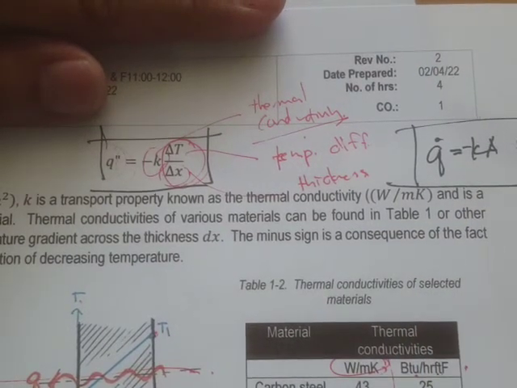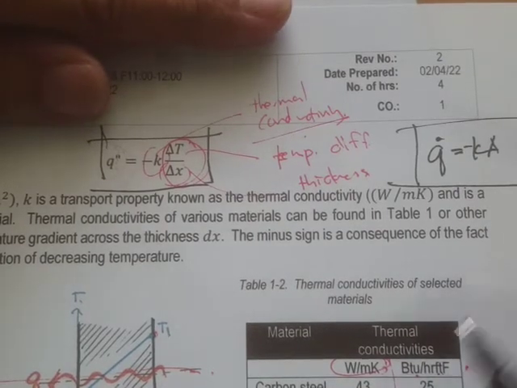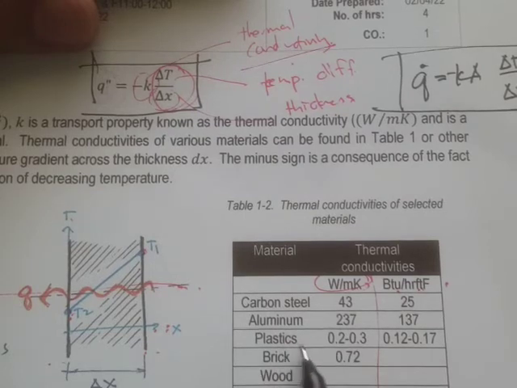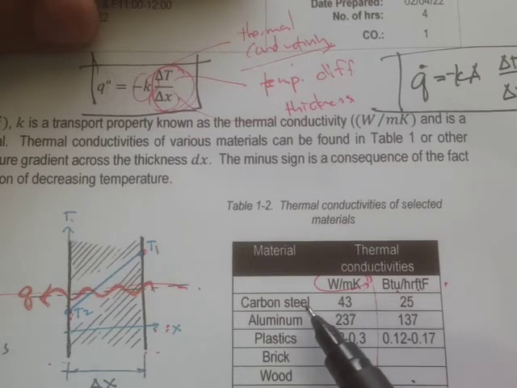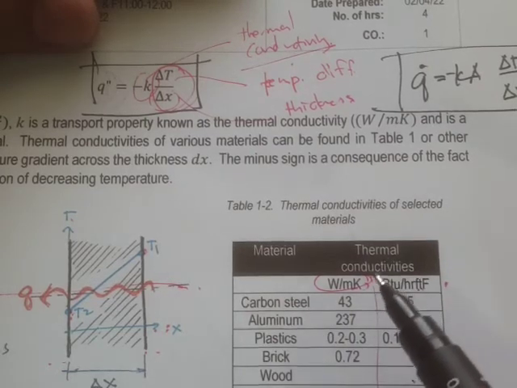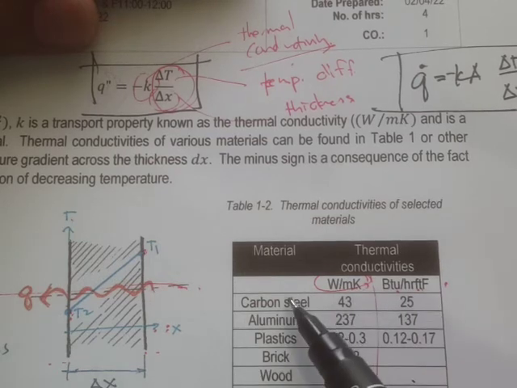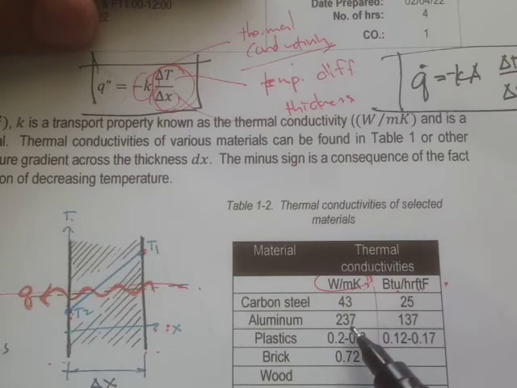Also, if we check the thermal conductivities of materials, we have here carbon steel, aluminum, plastics, bricks, water and air, and also some woods where I forgot to input a value. Carbon steel, the typical mild steel we see in fabrication and construction, is just 43. Aluminum is 237.